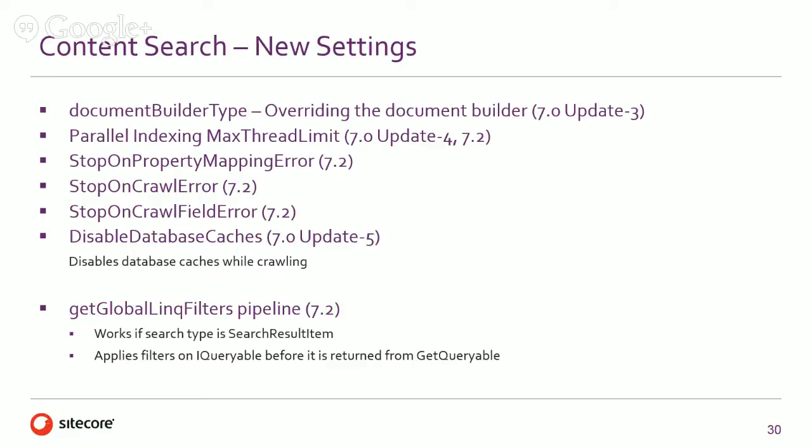Also, we have changed our parallelization. Our setting is now called max thread limit instead of, I think it was the number of cores, which was a bit of Solr lingo. So now we changed the name to something more fitting.